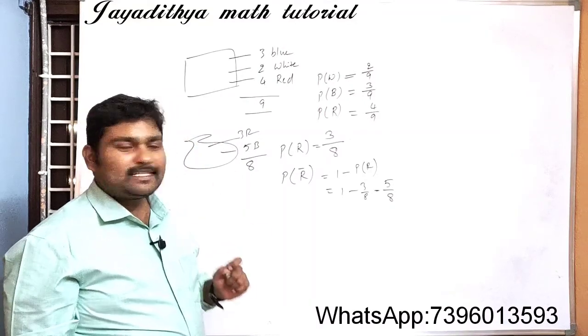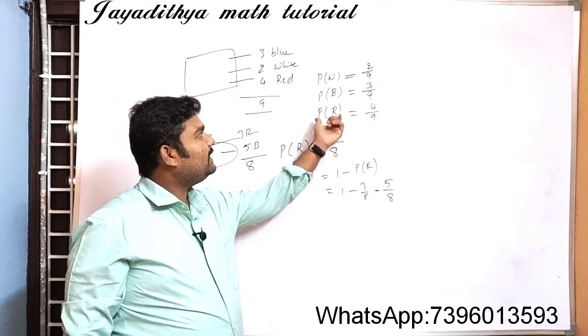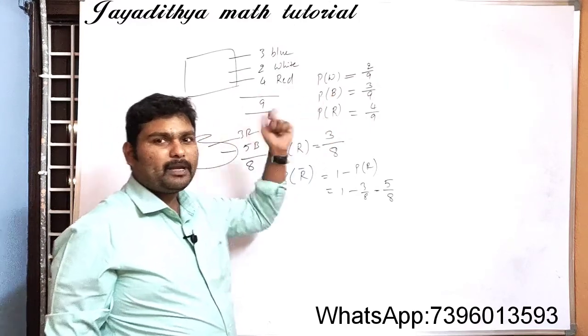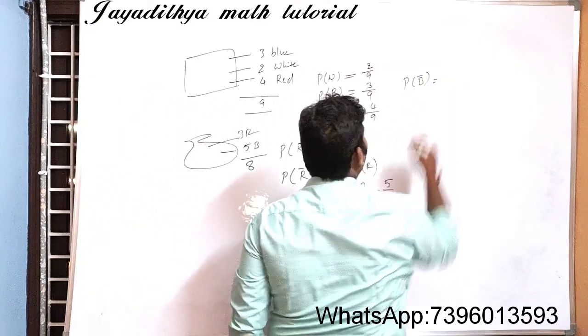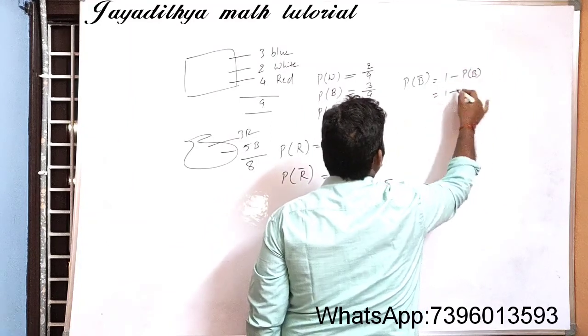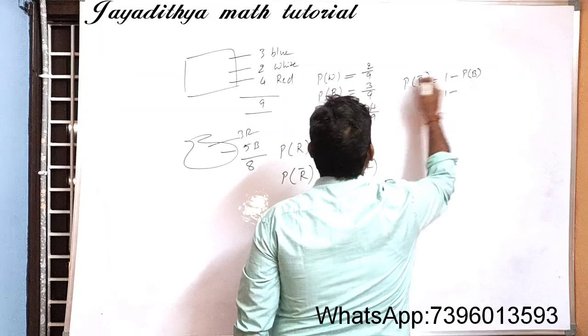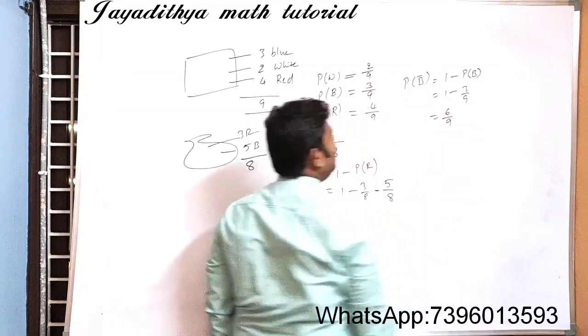Okay, let us discuss what is the probability of not getting blue in our previous problem. You can simply write it as 1 minus probability of blue, which is 1 minus 3 by 9, which is equal to how much, Nana? 6 by 9.